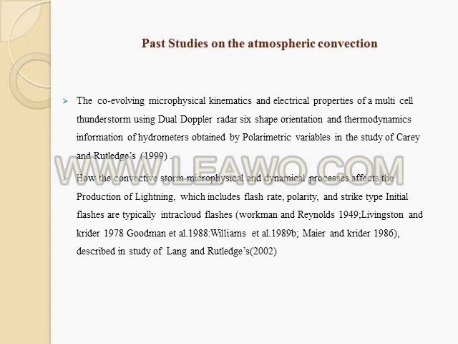And the flashes are typically intercloud flashes. So that is well discussed in the studies of Workman and Reynolds 1949, Livingston and Krider 1978, Goodman et al. 1988, Williams et al. 1989b, Mazur and Krider 1986, and also in the Lang and Rutledge paper 2002.